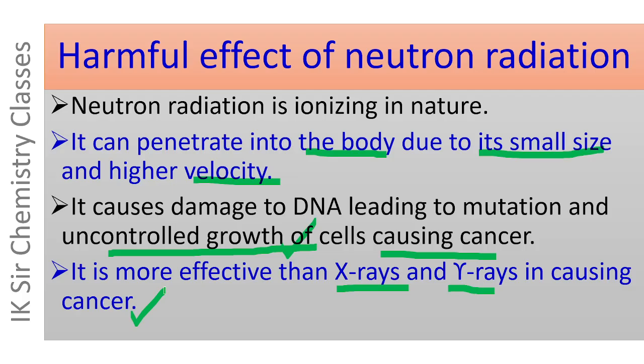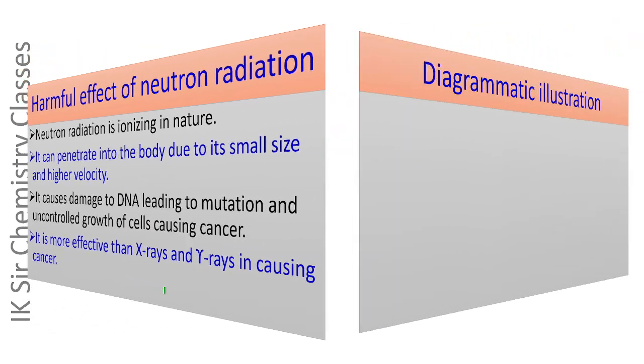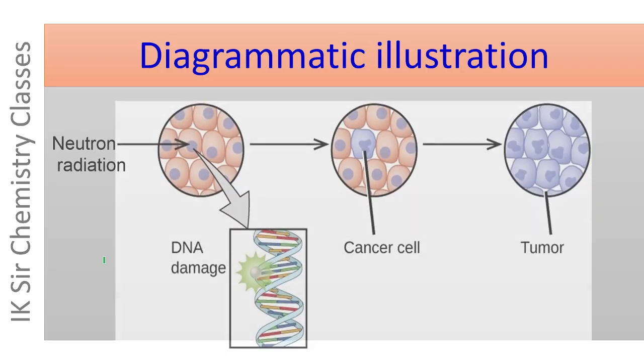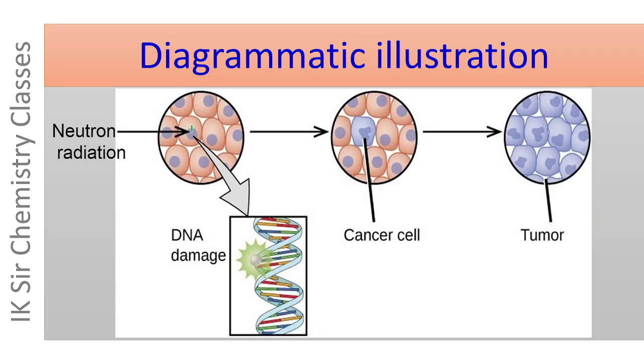Let us illustrate the growth of tumor by neutron radiation by diagram. This is a cell present in our body, and it is the nucleus of the cell which is irradiated by neutron. As a result, the DNA, the sequence of amino acids in the DNA, is disturbed.